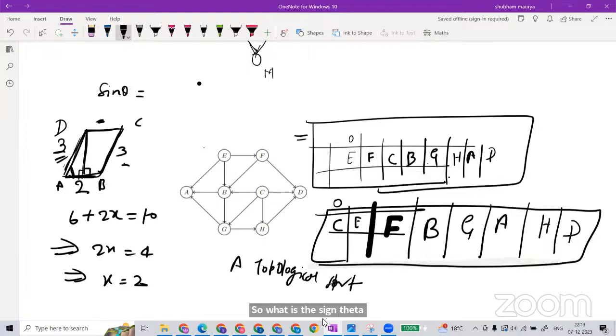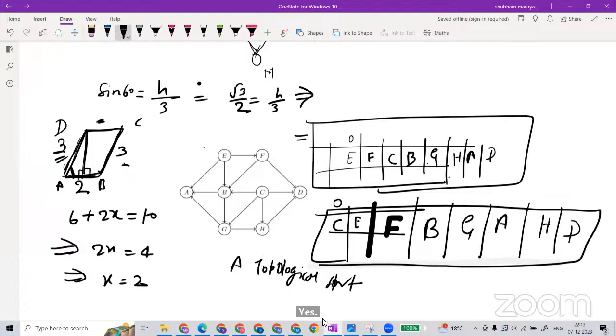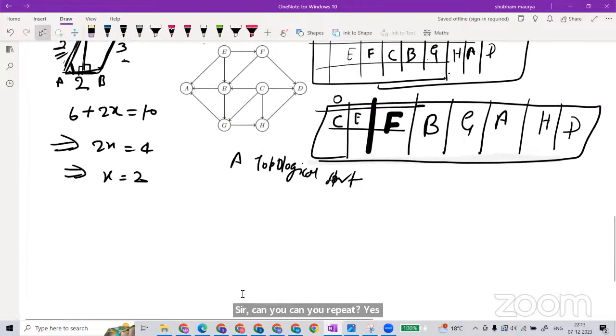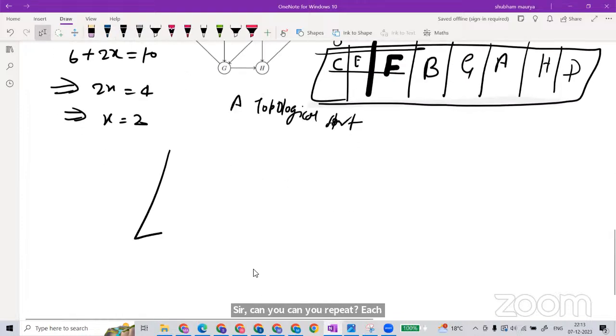Sin 60 is this height upon 3. And sin 60 is what? Sin 60 is root 3 by 2. And this is h upon 3. That means finally h is equal to 3 root 3 by 2. Sir, can you repeat? Yes, let me make a bigger picture here. Sin theta equals h by b.